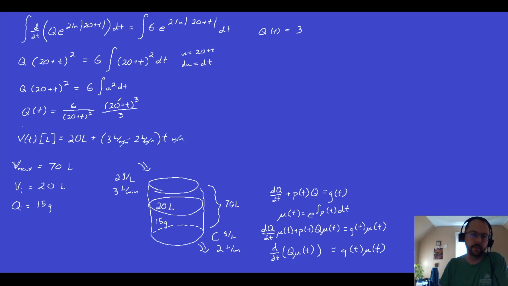This one and this one cancel out, so this is just 20 plus t. And then we can actually distribute that. So we have Q of t equals 60 plus 3.